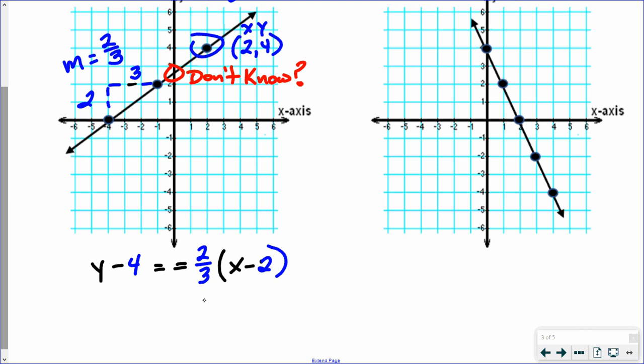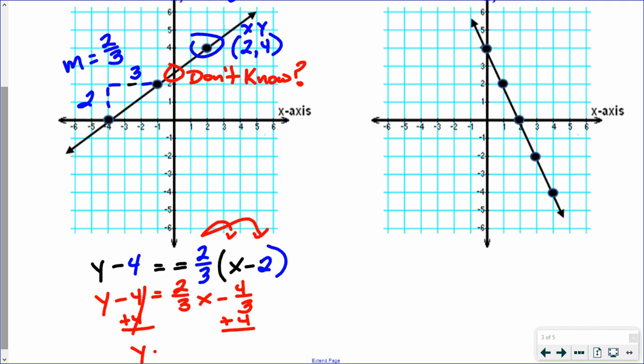Now, if they asked you to put the answer in slope-intercept form, I'm just going to show you. This doesn't say you have to do it. But to put this into slope-intercept form, you need to solve this for y. And the way you would do that is to distribute here. So you'd have y minus 4 equals, I don't know why I put 2 equal signs there, 2/3 x minus 4/3. I'd add 4 to both sides. So plus 4 plus 4.